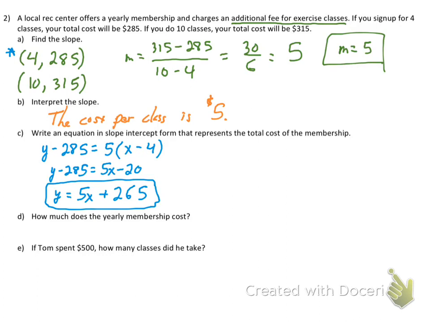So remember, the slope represents the cost per class. So the 265 needs to represent the yearly membership cost, the fee just to sign up. You're not taking any classes, but just to be a part of that rec center, you're going to have to pay $265. So how much does the yearly membership cost?